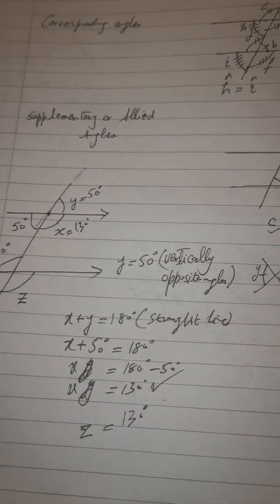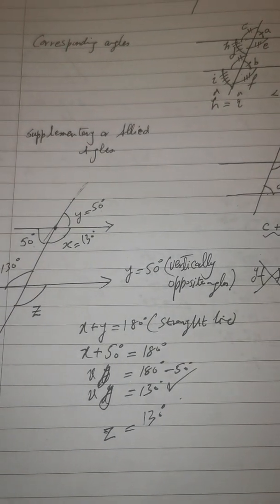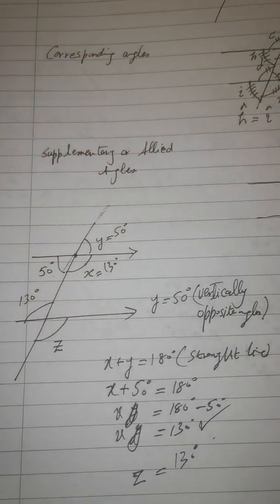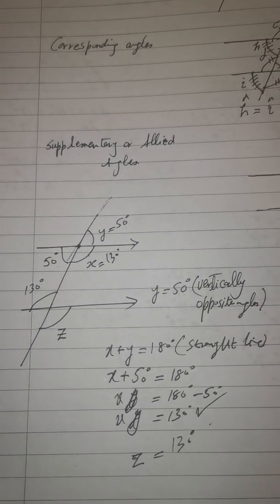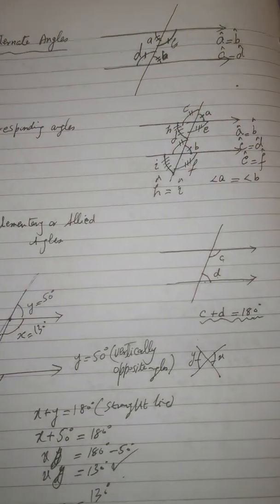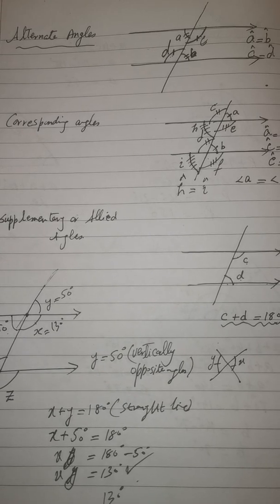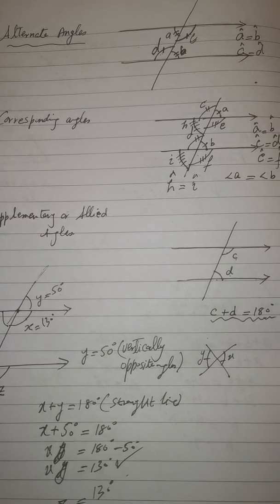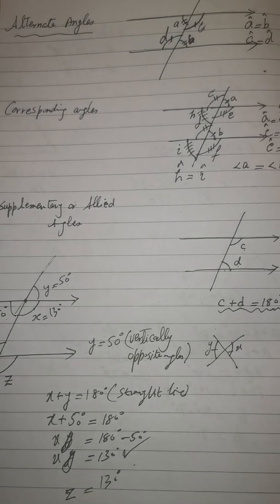So in this way they will give you questions. Some values will be given and there will be unknowns, and you have to find the values of the unknowns. For this you should keep in mind and memorize what the alternate angles are, what the corresponding angles are and that they are equal, what the supplementary or allied angles are.